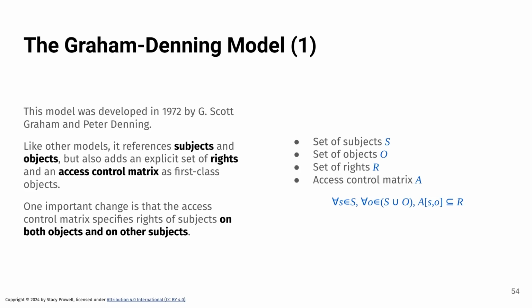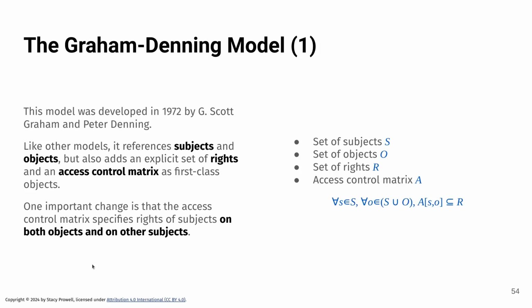So you can see over on the right-hand side, S is our set of subjects, O is our set of objects, R is our set of rights, and the access control matrix is A. One important change is that the access control matrix specifies the rights of subjects, right? Think of the rows, one row per subject. It specifies those rights on both objects and on other subjects.